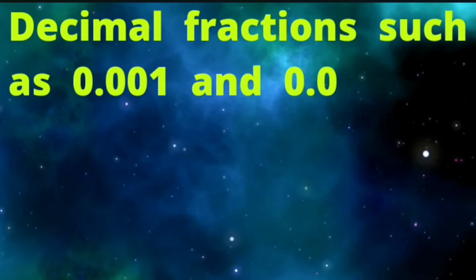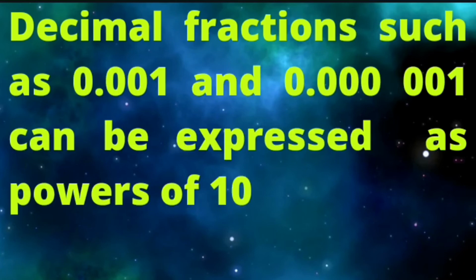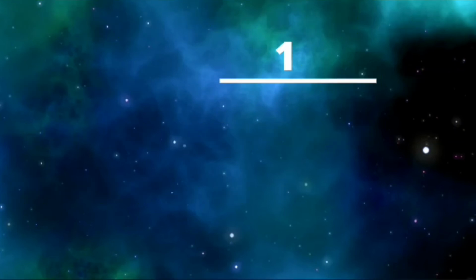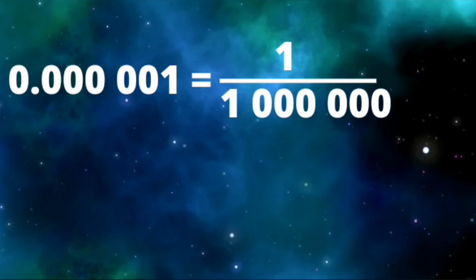Decimal fractions such as 0.001 and 0.000001 can be expressed as powers of 10. For example, 0.000001 can be written as a fraction as 1 all over 1 million. It is 1 million because we have 6 zeros in 0.000001 and 1 million.